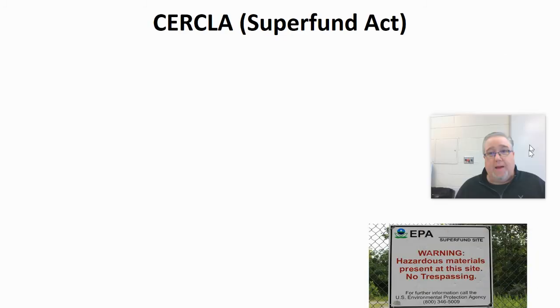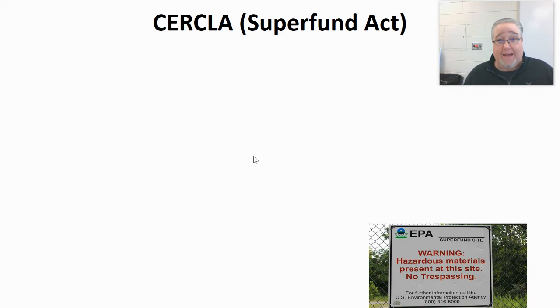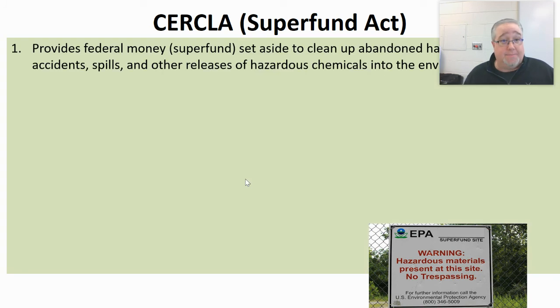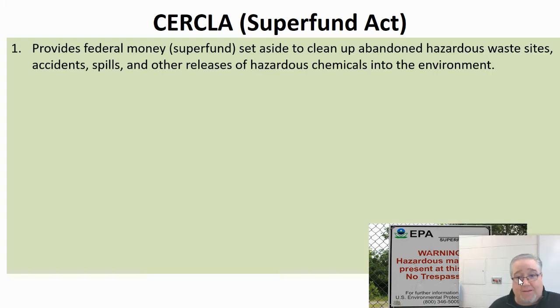Now, the other act is called the Superfund Act. It's also known as the CERCLA Act, but again, you're most likely going to hear it called the Superfund Act. The Superfund Act provides federal money to be set aside, kind of like a rainy day fund.